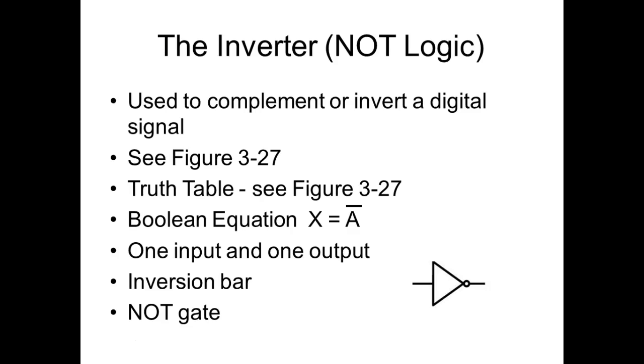And so this is the symbol of an inverter. Now what we've done, and this is where it gets a little confusing in math. So normally what people want to do is they come up here and they would want to do this. So this means low active. And we put a bar above it.